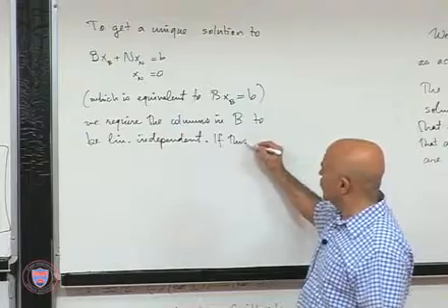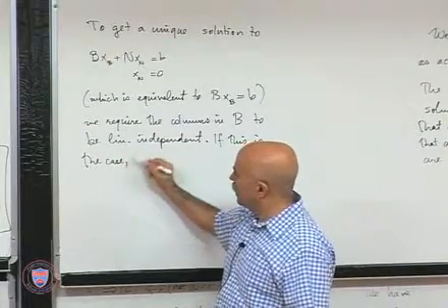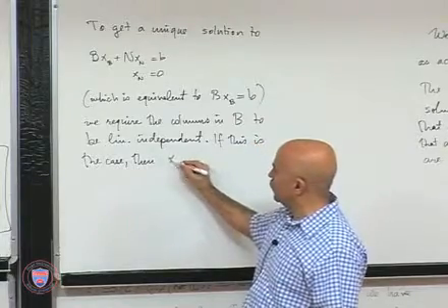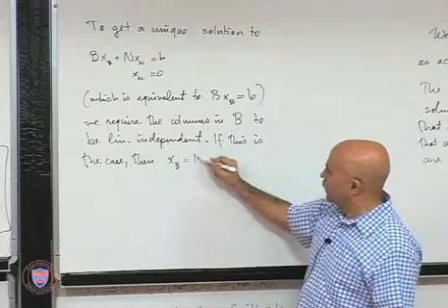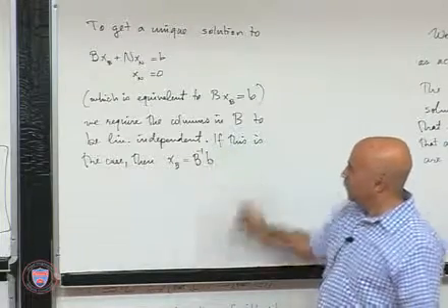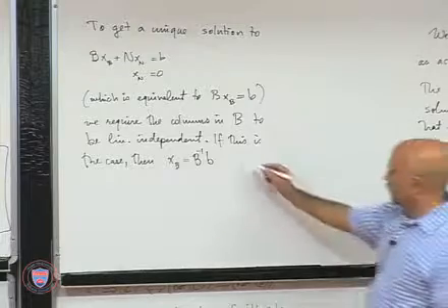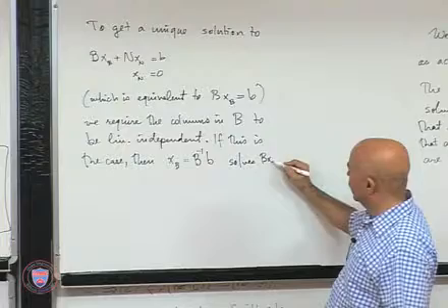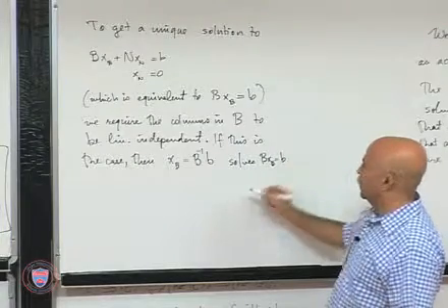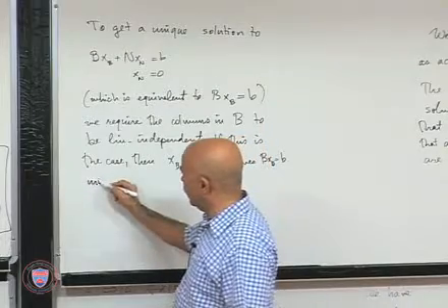If this is the case, then of course the solution for Bxp is the inverse of B times B, which solves Bxp equals B uniquely.